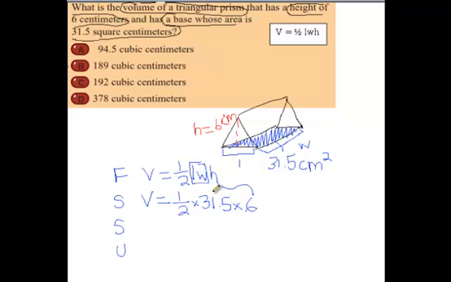I'm going to do this part first. Because of the commutative property of multiplication, I can actually choose either part to go first. 31.5 times 6. And now we got some easier math going on here. That first part was a pain in the butt. 5 times 3, 30, 6. Keep the 0, bump the 3. 6 times 1 is 6, plus 3 is 9.